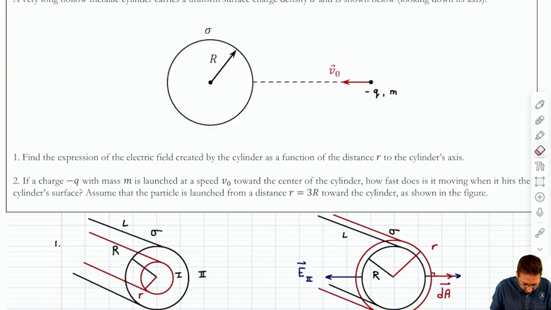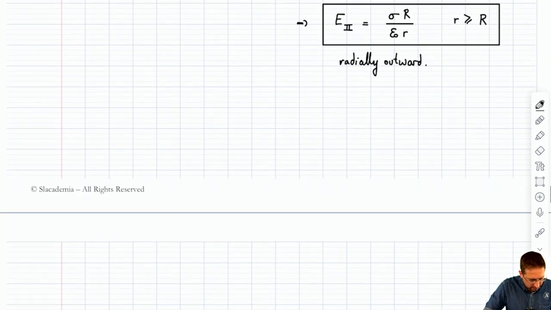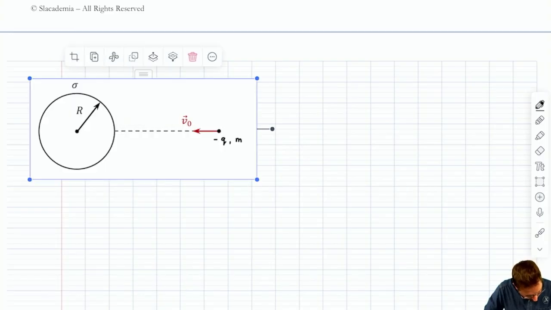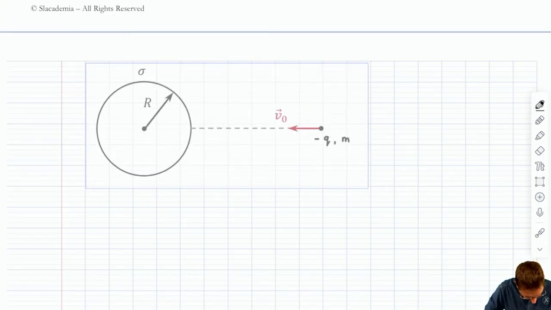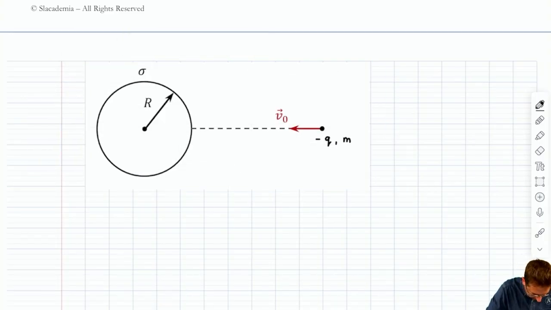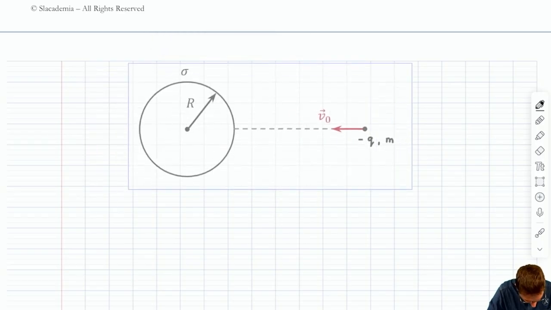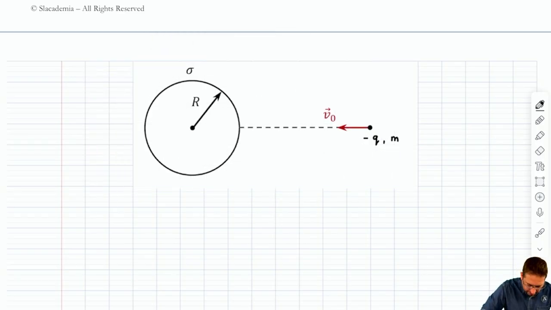Okay, starting from r is equal to 3 big R. So let's paste this down here, make it a little bigger maybe just for clarity. Okay, and what do I know? Well, I know E2, yeah?